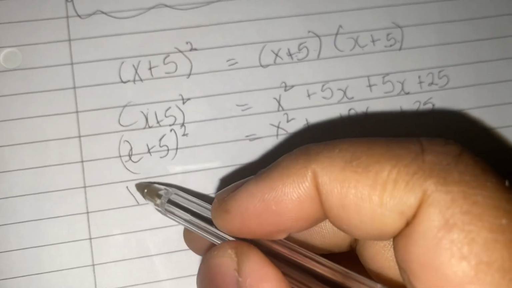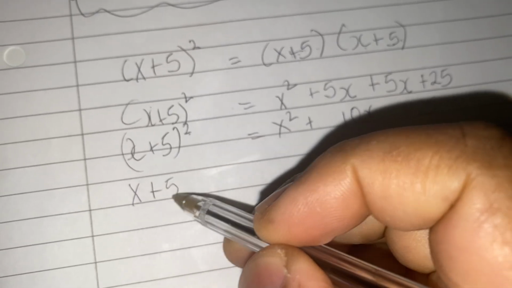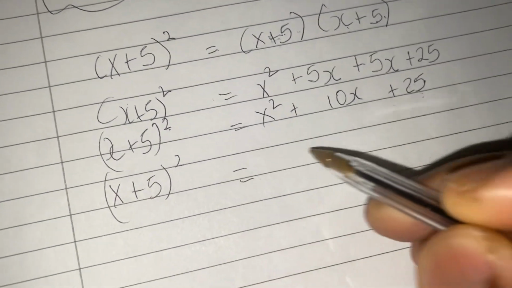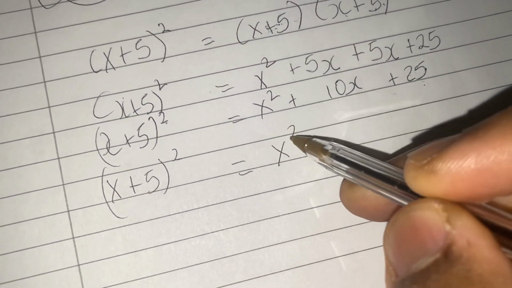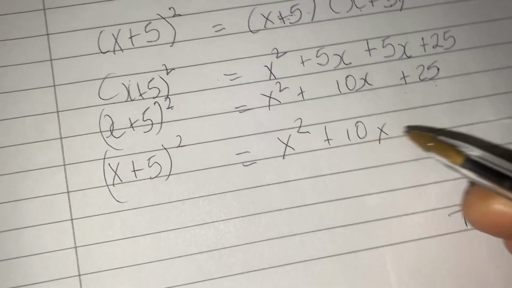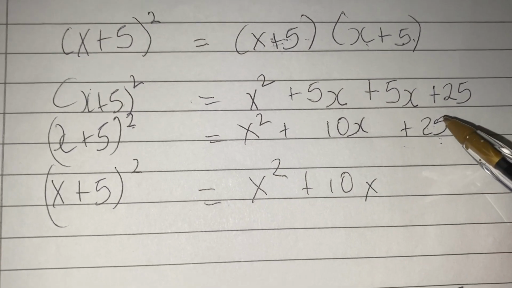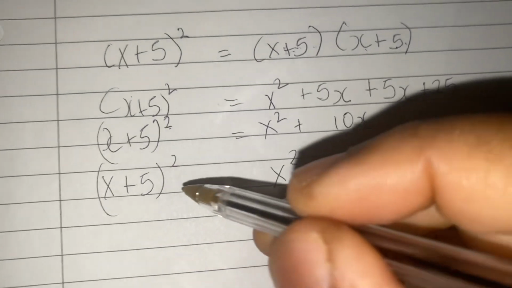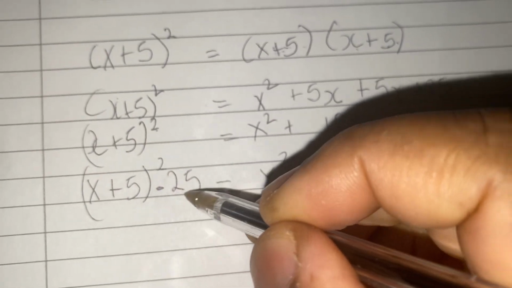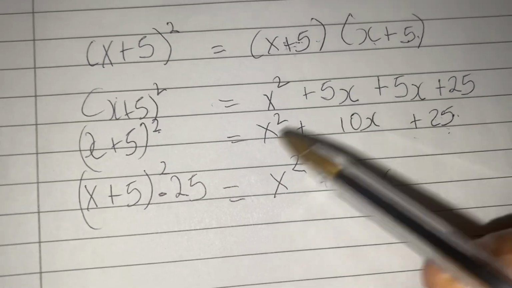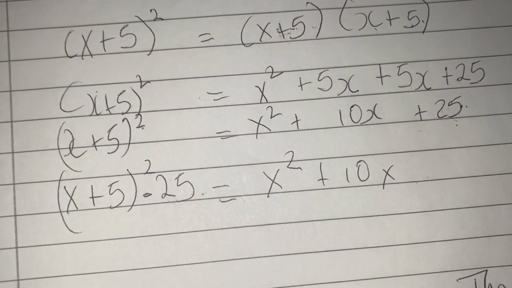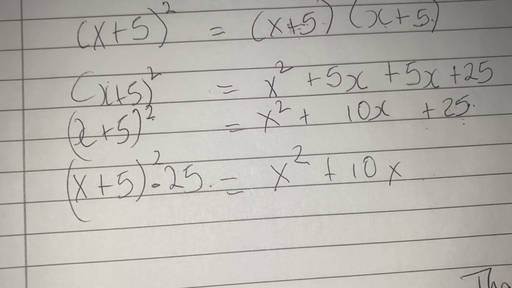So you have x plus 5 all squared equals x squared plus 10x plus 25. To get rid of the 25, you subtract 25 from both sides. Or if you move this 25 to this side, it becomes minus. So you've got it then.